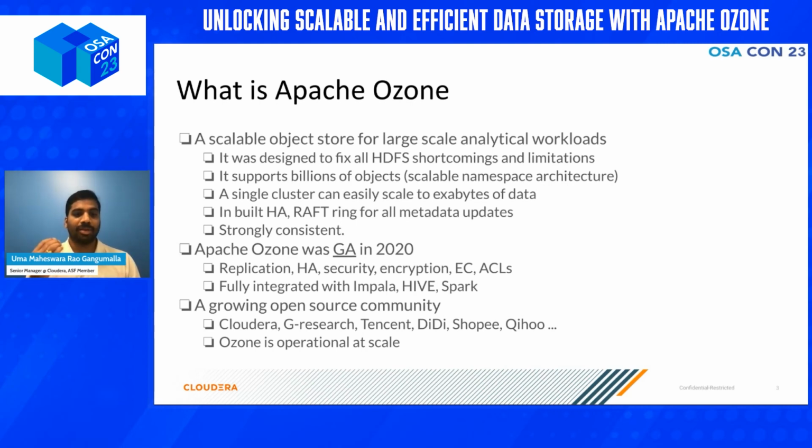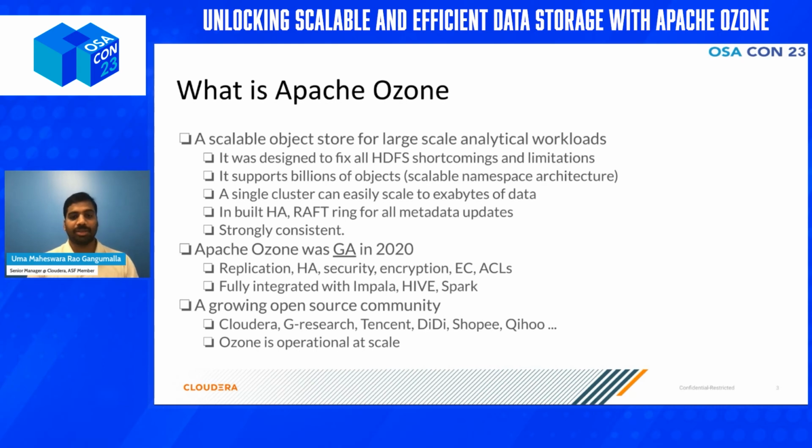The project had its GA release back in 2020, and since then we have added a lot of features like ACLs, encryption, high availability, and replication. A lot of that was included in the initial GA. It's fully integrated with popular projects like Impala, Hive, Spark, and Iceberg.